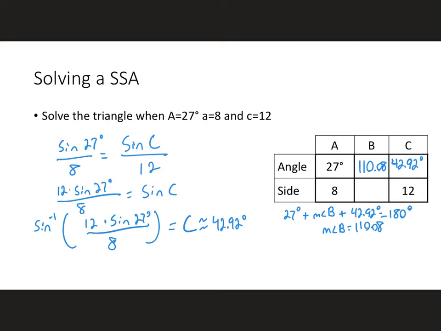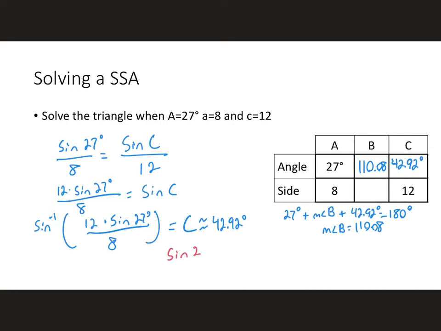Excellent. Now we can just use the law of sines one more time. I'm going to switch colors here, and I'm going to use angle A inside A equals sine of angle B divided by side B to solve for that one missing thing we have, which is side B. So here we go.